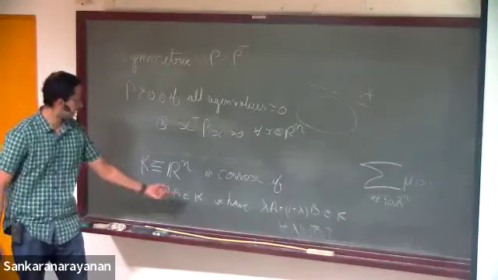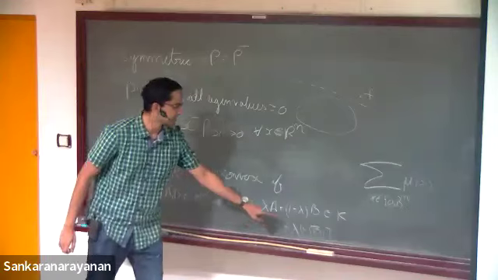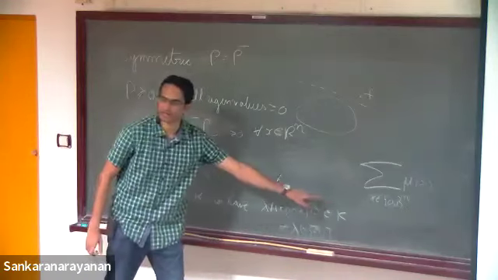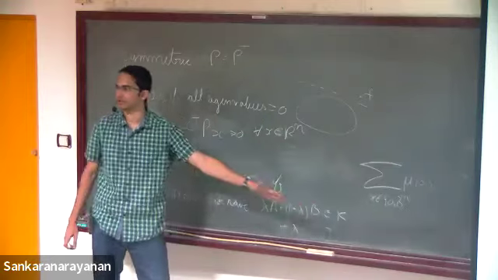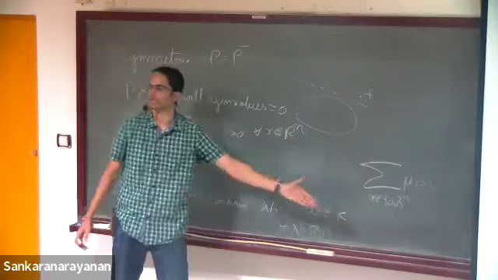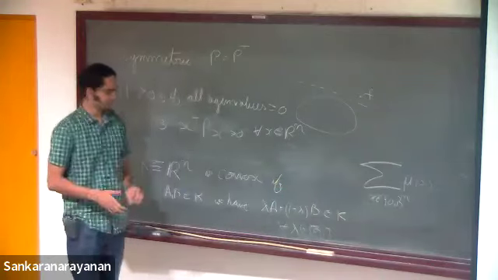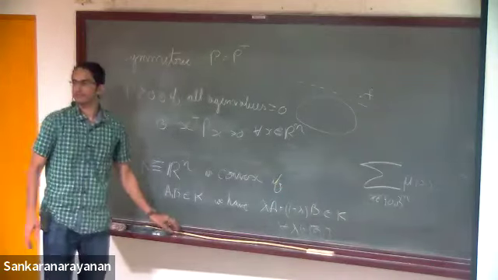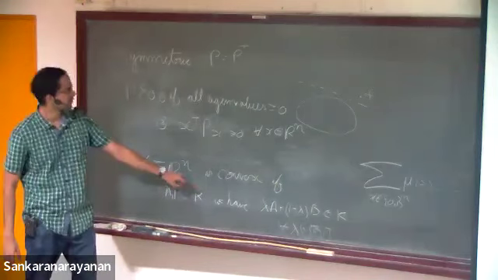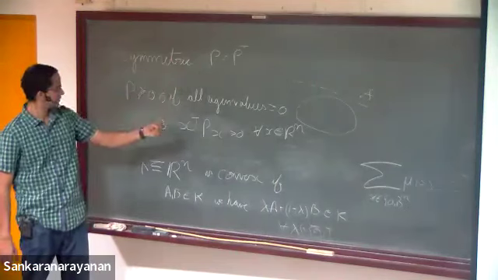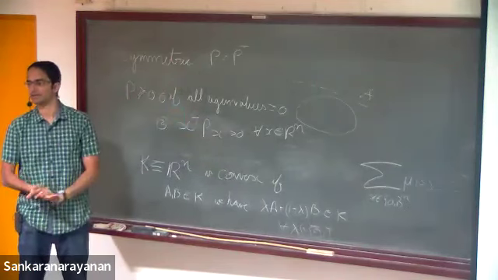For any A, B in K, the line segment joining A and B is given by lambda times A plus (1 minus lambda) times B for lambda in the range 0 to 1. That entire line segment should be contained inside K. If that holds, then we say it's a convex set. Using this definition of convexity and the definitions above, we can try to prove that the set of all PSD matrices is indeed a convex set.